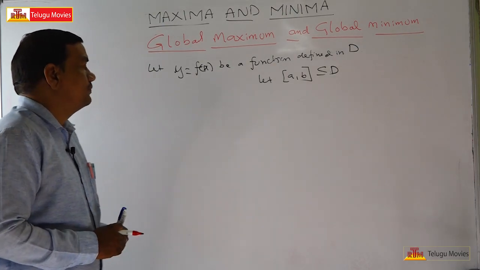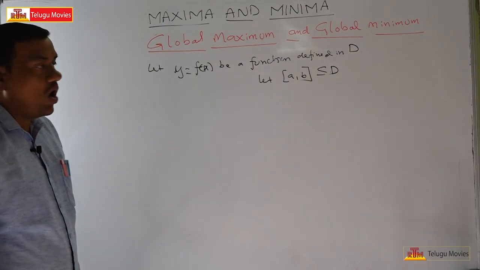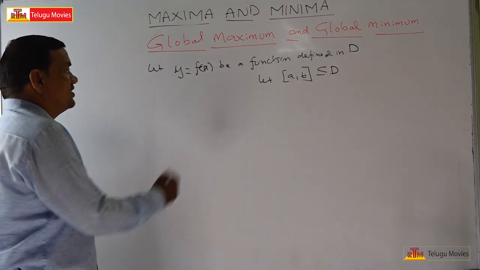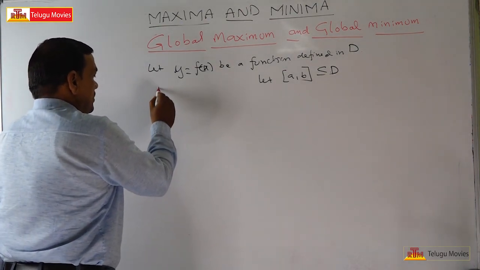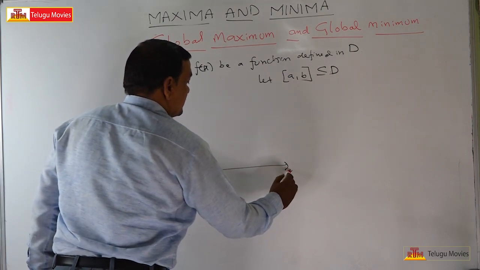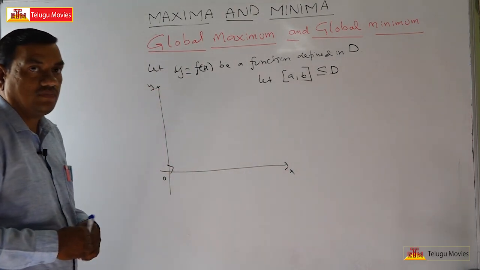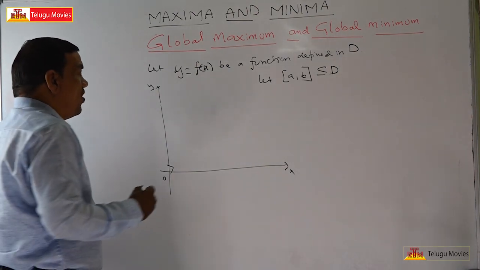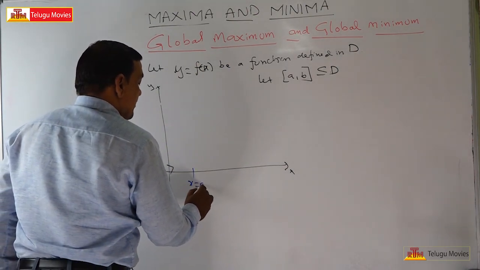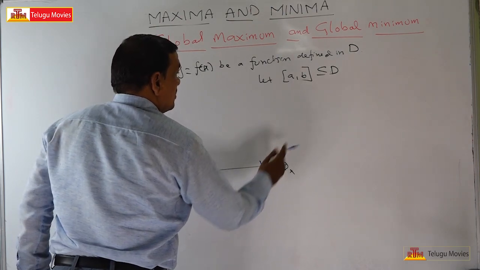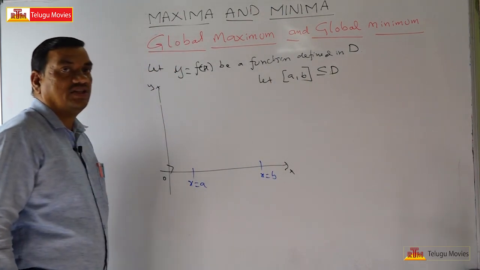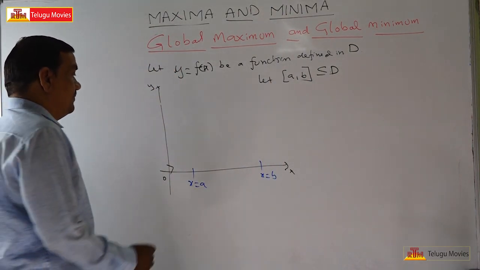Now let us see the graph of this function. This is the x-axis and the y-axis and it is the origin. I am examining the graph of this function in the interval a and b only.